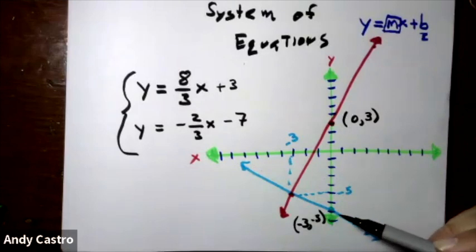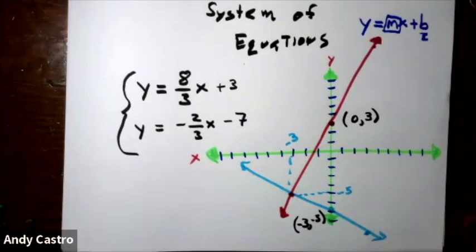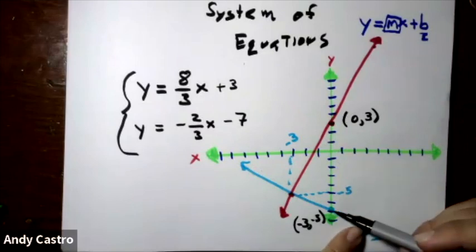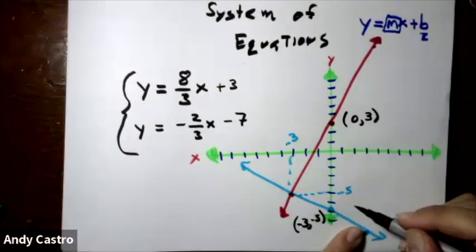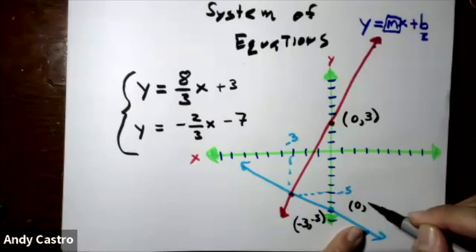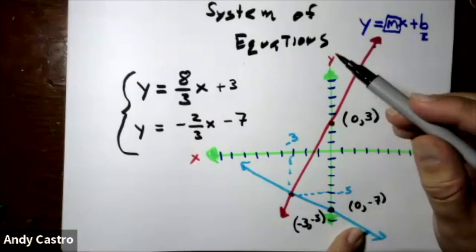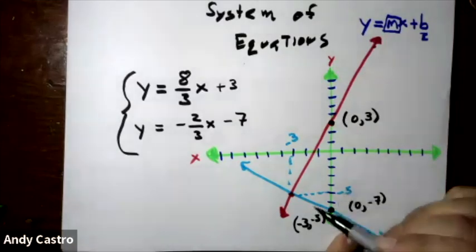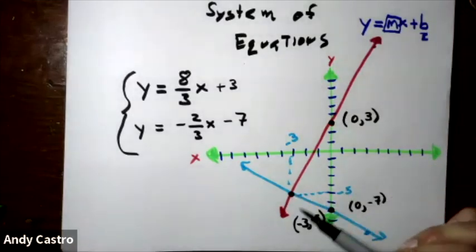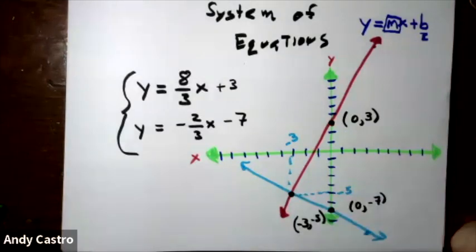Now let's pick a point on the blue line that does not exist on the red line. If we come down here, (0, -7). That's this point here. Only this point, (-3, -5), exists on both lines.